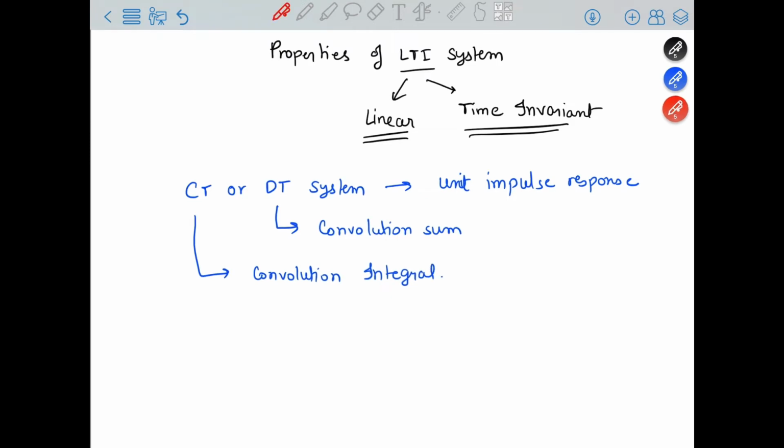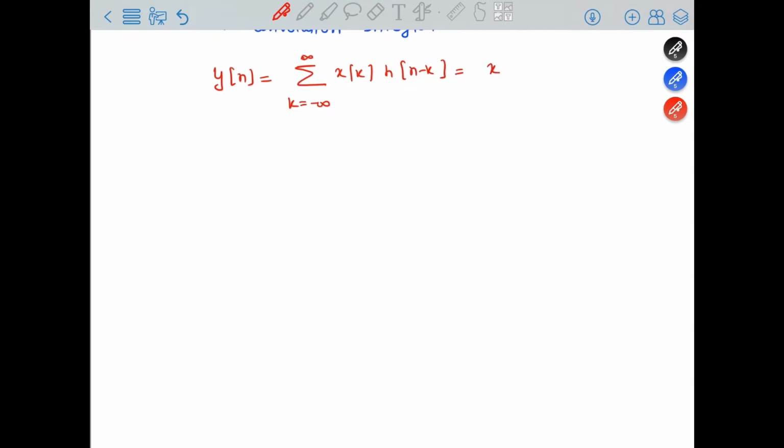We can write the expression for the output as y[n] equals summation k equals minus infinity to infinity x[k] h[n minus k], which is equivalent to x[n] convolution with h[n], and this is for the discrete time case.